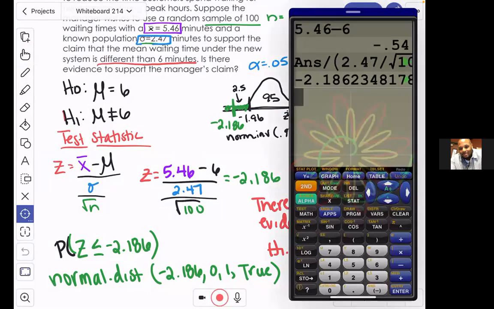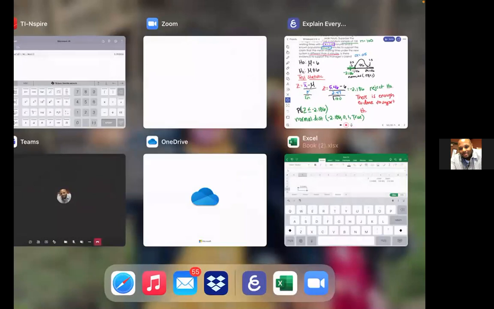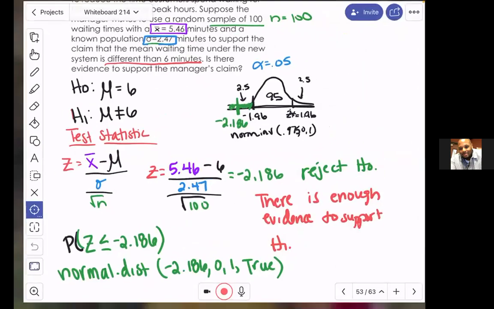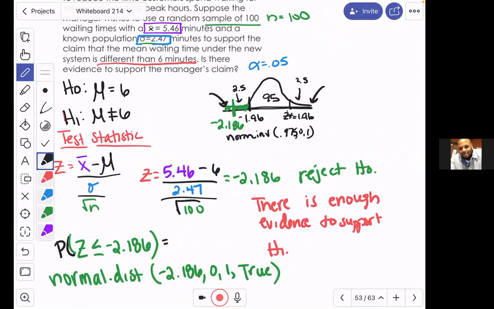So when we calculated that, what number do we get? 0.014. That 0.014 probability can either be sitting to this side right here or this side right here. So technically it can be to the left or to the right. We don't know which one it is.